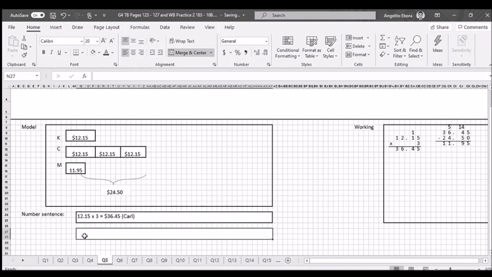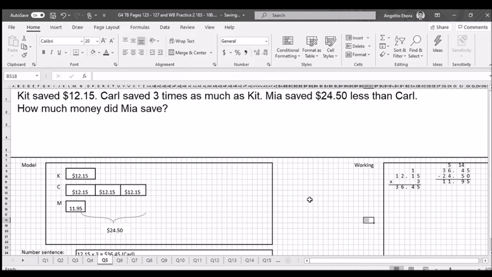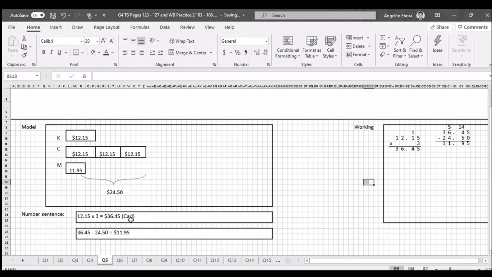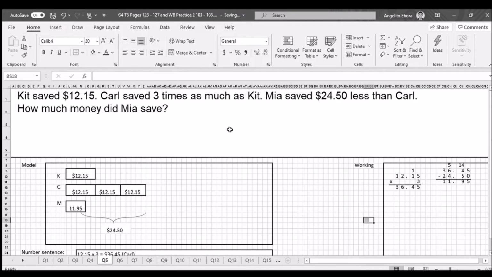So the number sentence is $36.45 minus $24.50 is equal to $11.95. So that's how we solve it. The problem looks too short, but it requires you to solve 2 steps. Okay, let's move on.